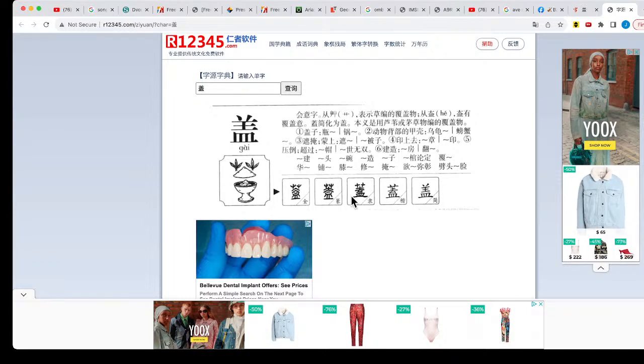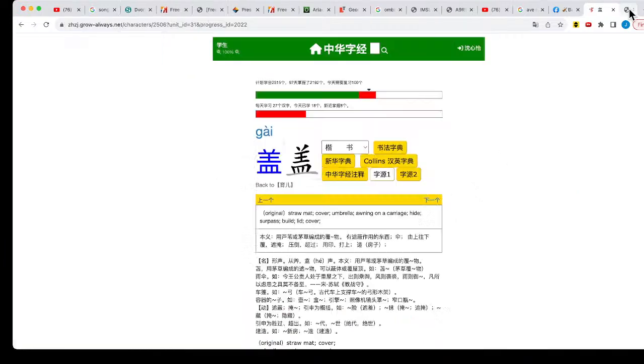This is because in ancient times, covers were often made out of straw, some grass material. They wove them together to make this temporary cover, and that's why it got this plant on top. Of course, later on they further simplified it to become like this. But you can still tell that the bottom is a container for holding stuff, and then you put a fancy cap on top.